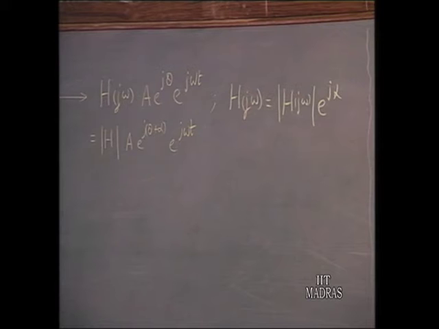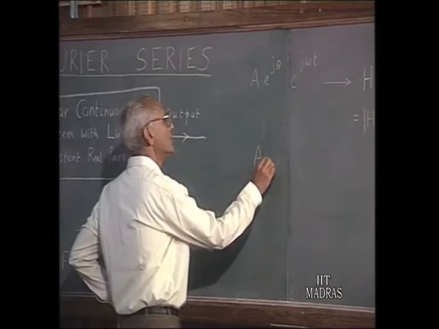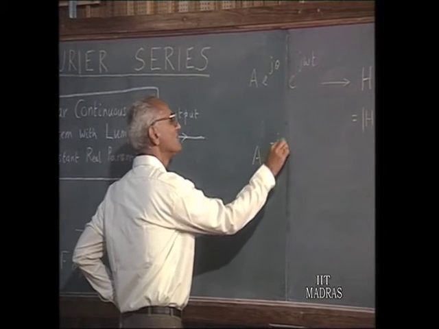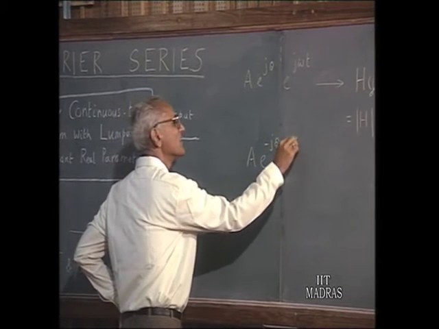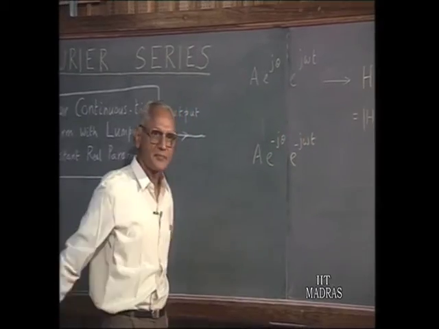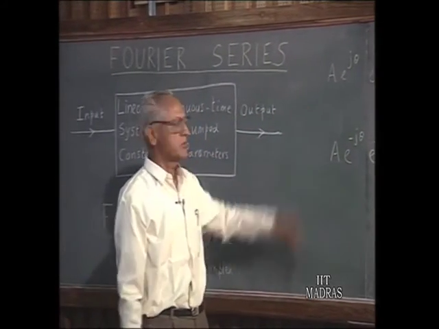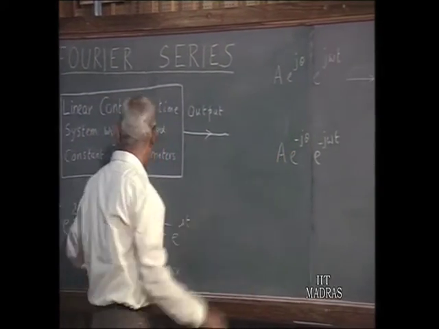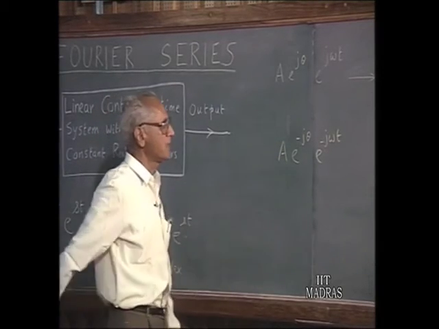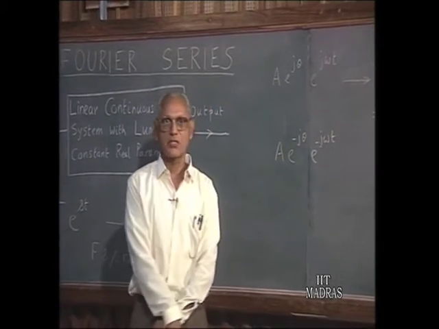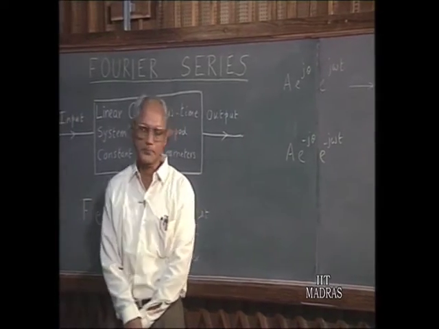Now, let me take another exponential function, a e to the power of minus j theta e to the power of minus j omega t. Similar to this, except that the multiplying constant f is replaced by a e to the power of minus j theta, and instead of s equals plus j omega, I have taken s equals minus j omega.